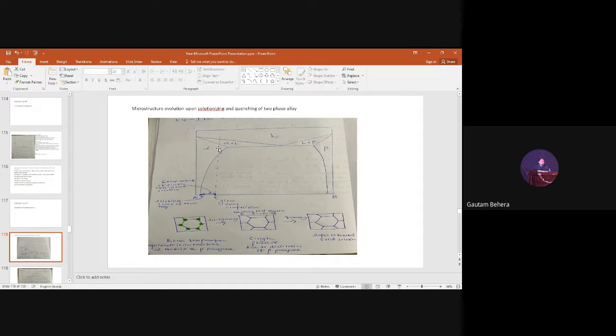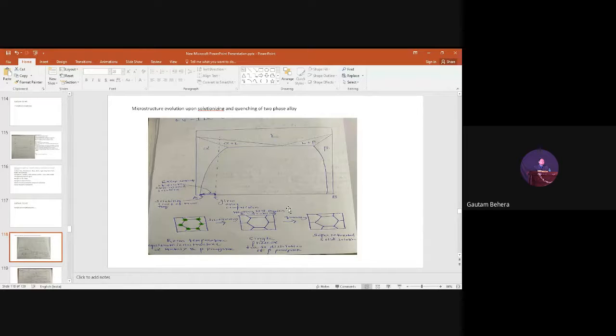That is called solutionizing heat treatment. That means all the second phase particles will become soluble. If there is any precipitate, it will become completely soluble. A single phase will form. From here, I will quench it. I am doing rapid cooling to room temperature. The microstructure is this one and this one. So finally, what am I getting? Supersaturated solid solution. Fine.